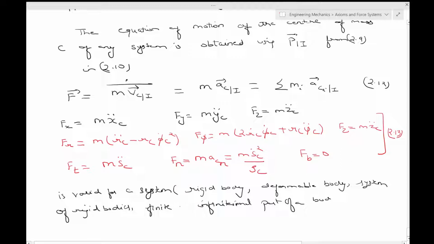So it's all valid. Only thing is that you will not be able to get a complete idea about the motion of the material points of the body if it's not rigid. If it's deformable, then you will not be able to do that, but the equations 2.12 and 2.13 are still valid. And you will see that this equation 2.12 is the core of the second law of Newton. Newton's second law, this equation 2.12, that we'll see later when we actually discuss this.